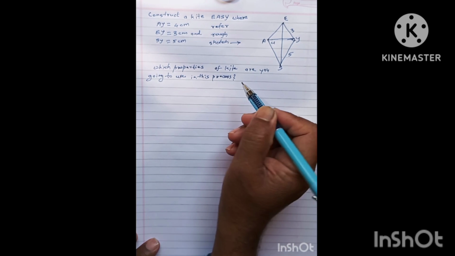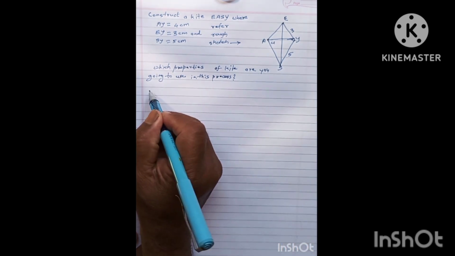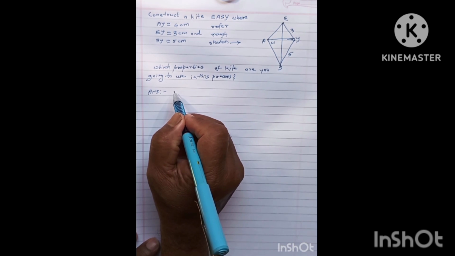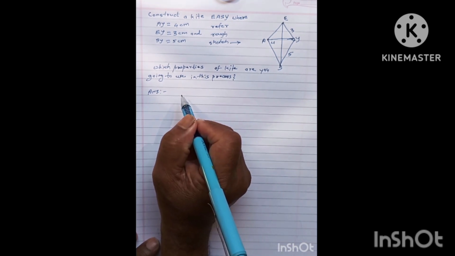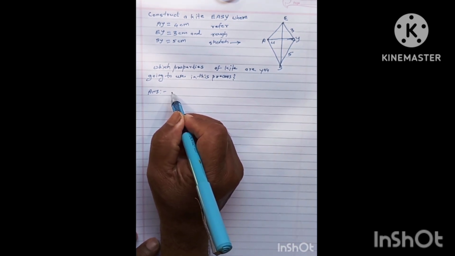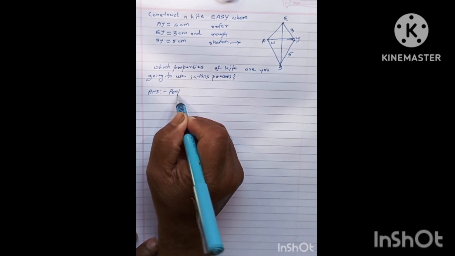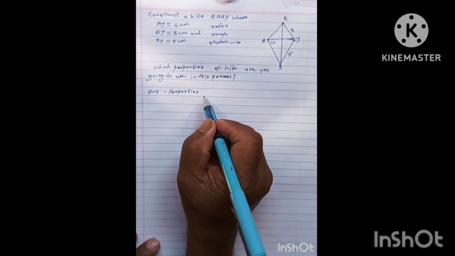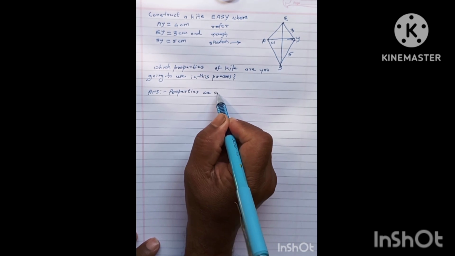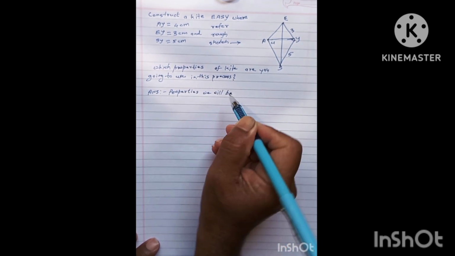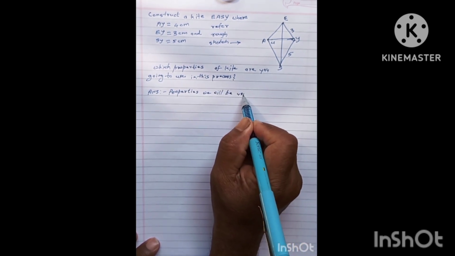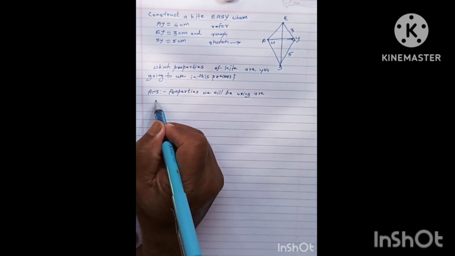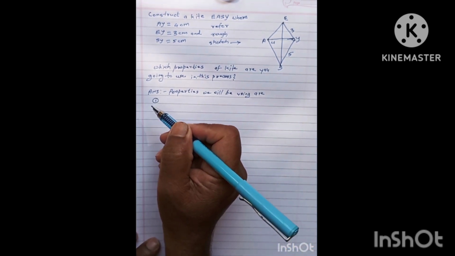As he has asked a question, you have to answer it in writing. So you have to write the property, because he wants to know that you know the property, and not just drawing it arbitrarily. So see the comment there: the properties we will be using are, there is more than one property.